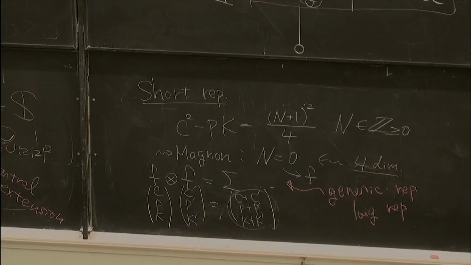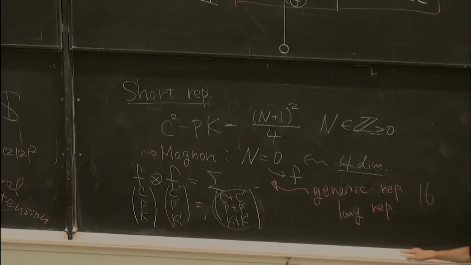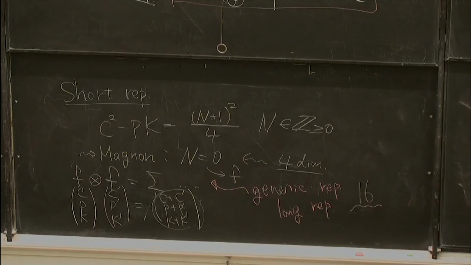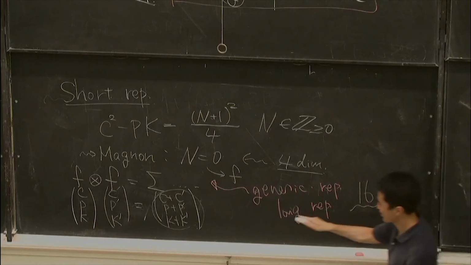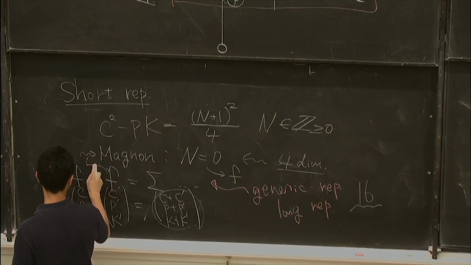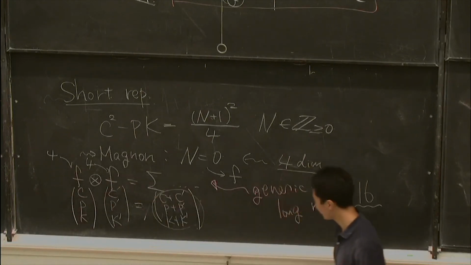And it turns out the minimal long representation which can appear on the right-hand side has dimension 16. We know that this F is a four-dimensional representation, and this F is also a four-dimensional representation.